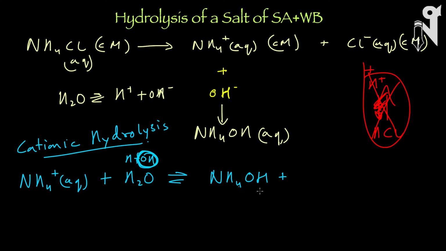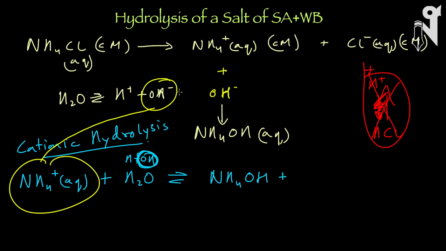What is the real story? The real story is this: NH4 plus actually reacts with the OH minus which has been coming from water and drives the water equilibrium further towards the right because the OH minus is getting consumed, right? So in a combined way, we can say that NH4 plus is actually reacting with water and releasing H plus.